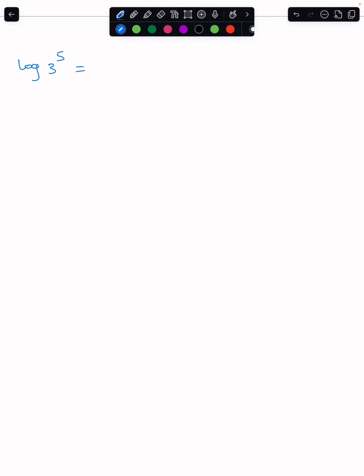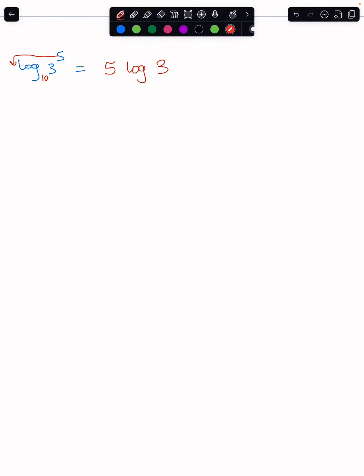Right now, it would appear that there's nothing we can do. But remember, if I don't have a small base, what goes there? 10. So we actually do have something there. So that 5 is really a third number, equals 5 times log base 3. Now, you don't have to write the 10, because remember, if you don't write the 10, it's implied that there's a 10 there. Okay?